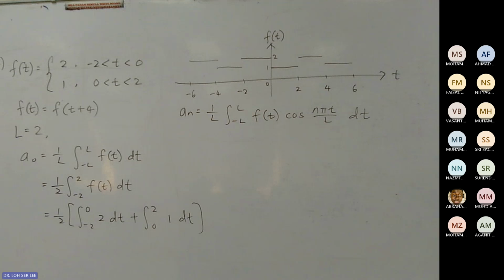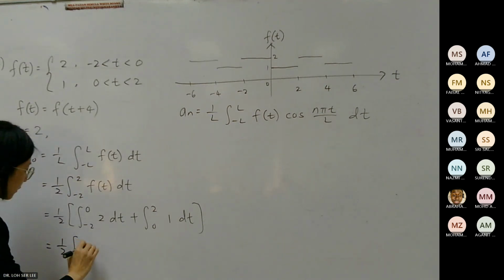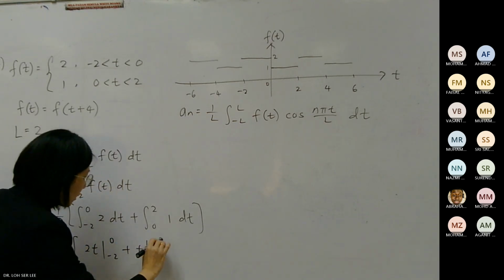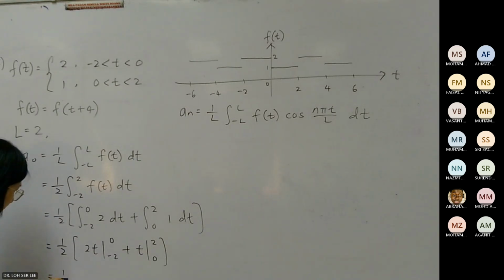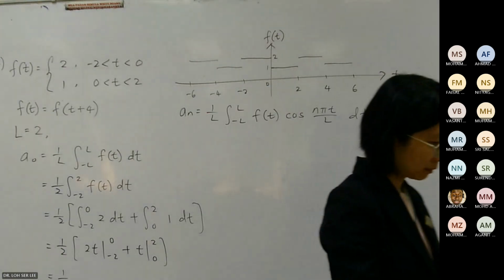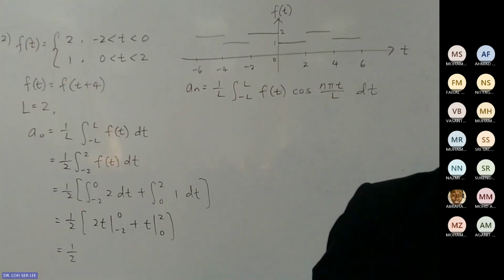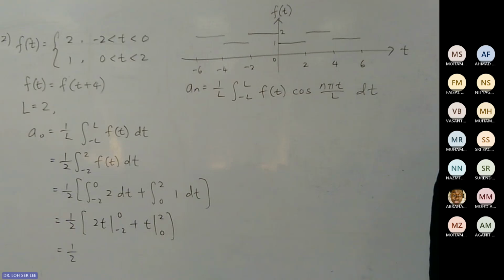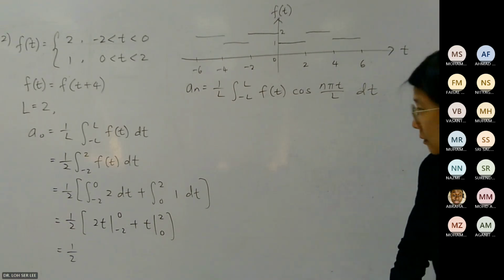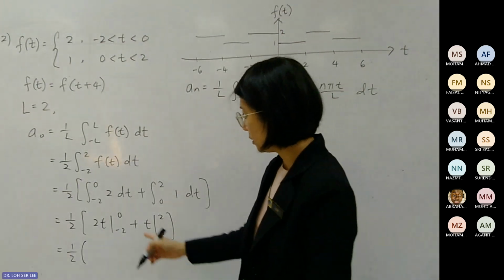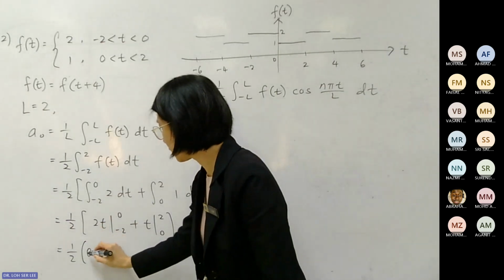Your A naught should be 3. Okay. 0 into T, you get 0.